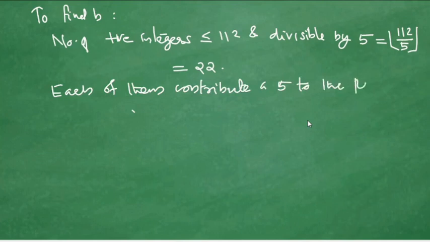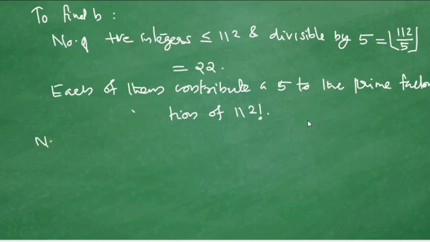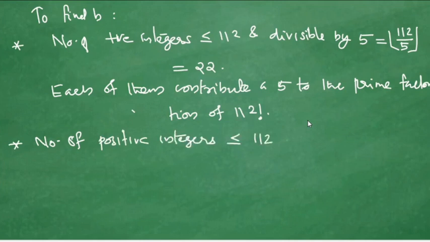Now we have to look at the number of positive integers less than or equal to 112 and divisible by 25. That is equal to the greatest integer of 112 by 25, and this is actually equal to 4.